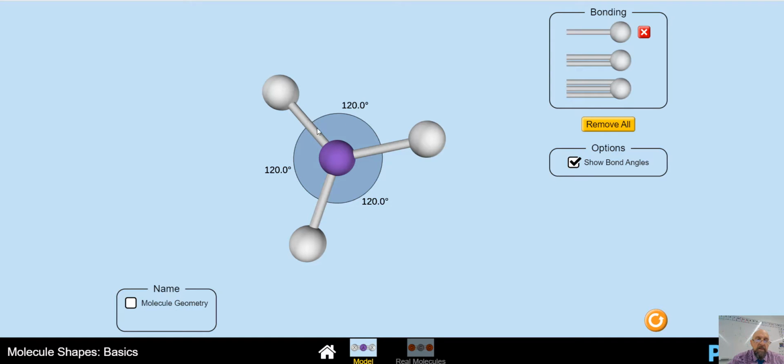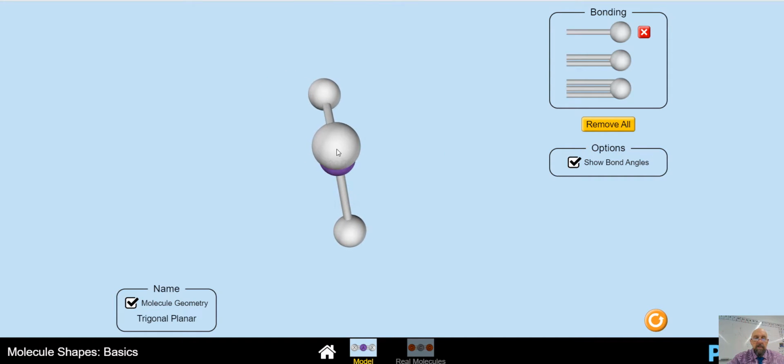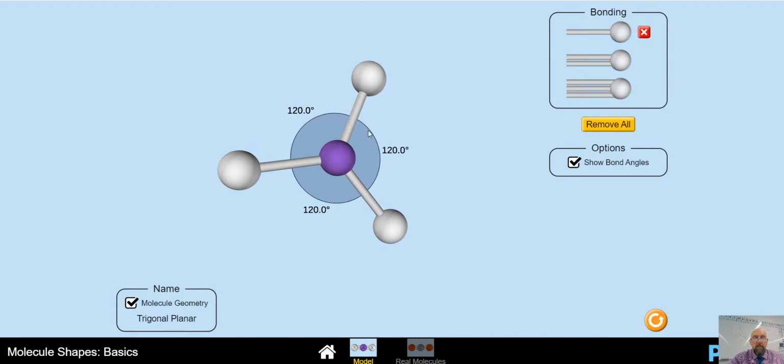We've got this set of electrons here, this set, and this set. The geometry is called trigonal planar, and as I just said, the angles are 120 degrees. If I move the molecule like that, you can see it's in an exact flat plane. That's why it's called trigonal: 1, 2, 3, trigonal planar, in a triangle.